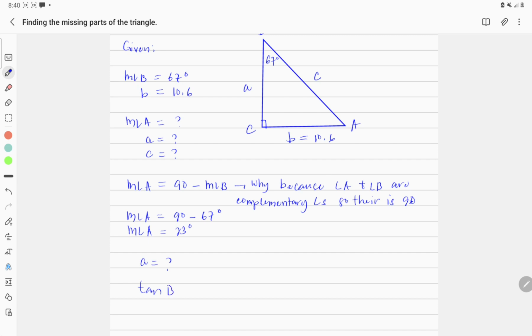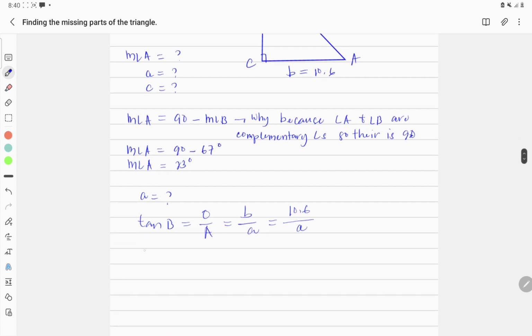Tangent B is equal to opposite over adjacent, that is B over A, so that is 10.6 over A.